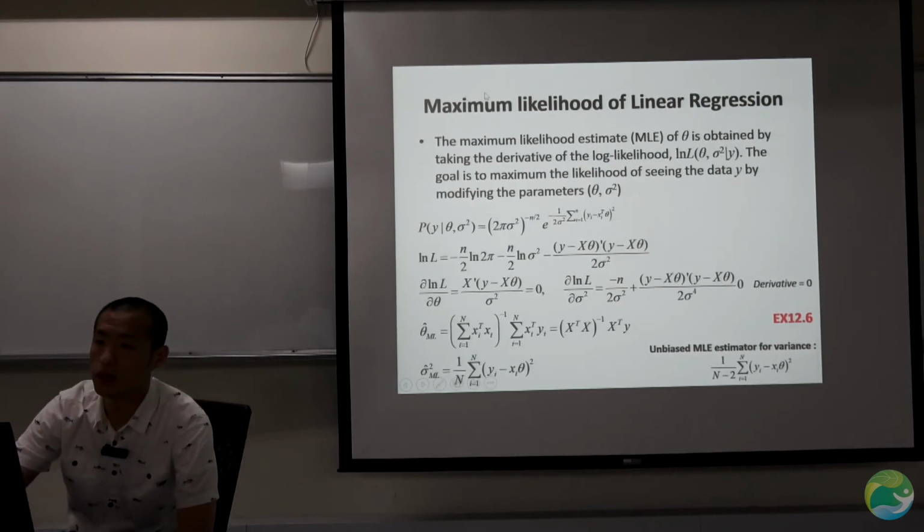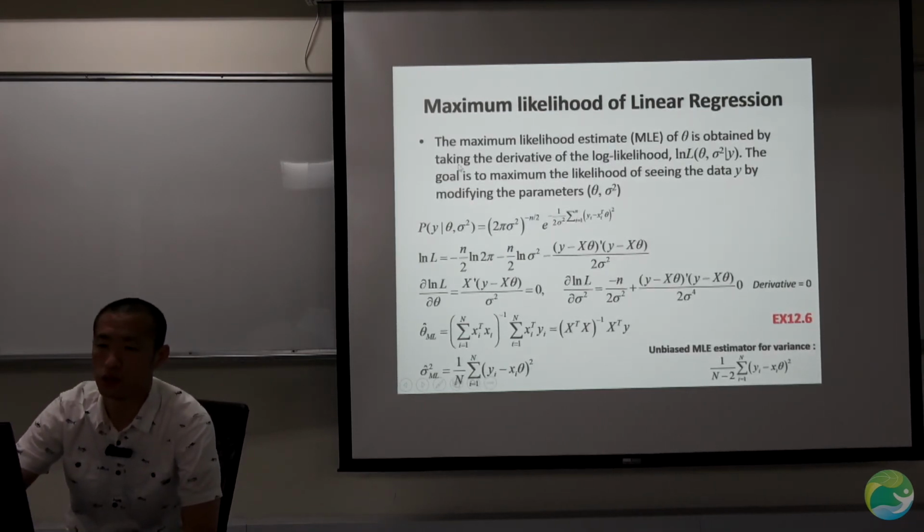So maximum likelihood of the linear regression. The maximum likelihood estimate of theta is obtained by taking the derivative of the log likelihood. The goal is to maximize the likelihood of seeing the data y by modifying the parameter.